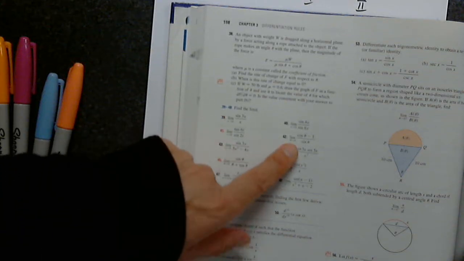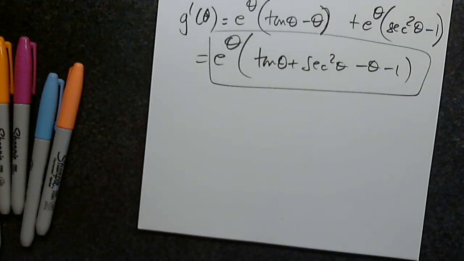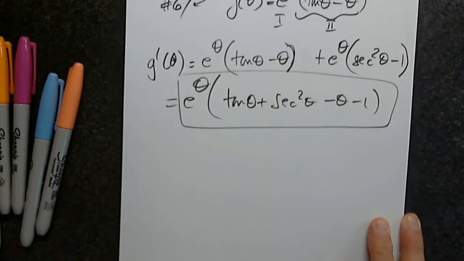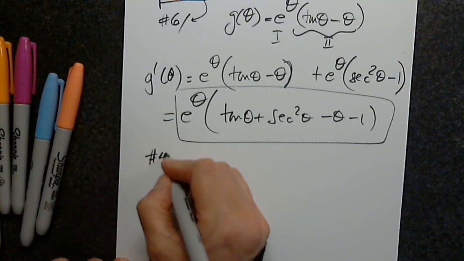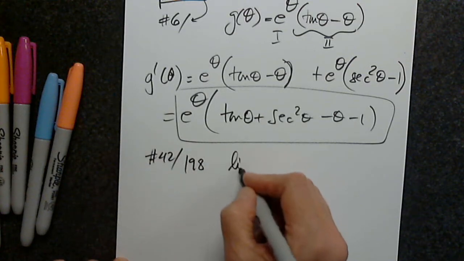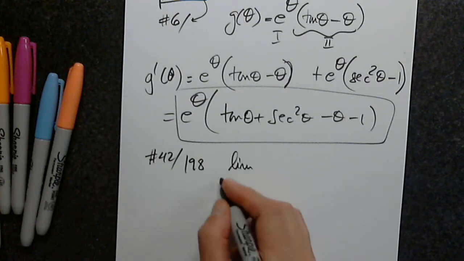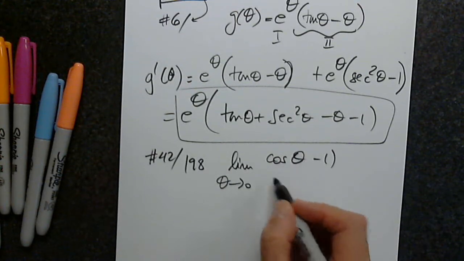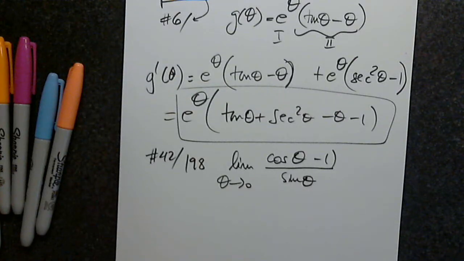Okay, so we want to start with 42, very good, on 198. So we have limit as theta approaches 0 of cosine theta minus 1 over sine theta.